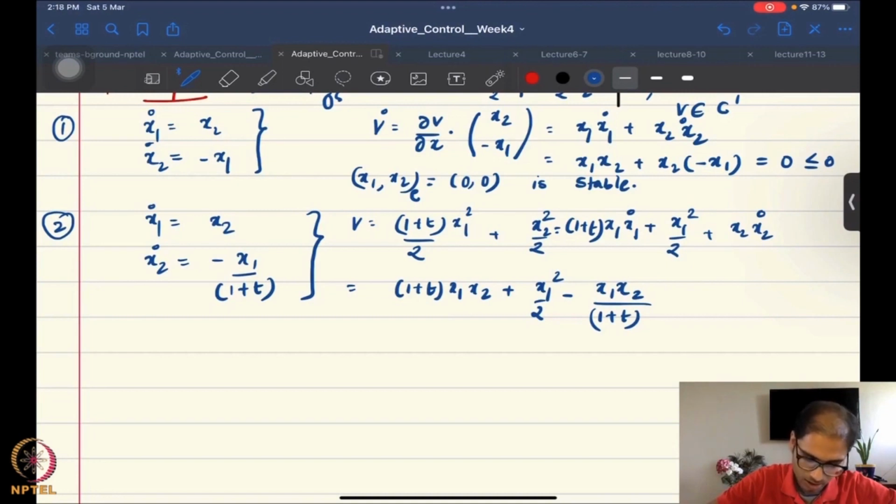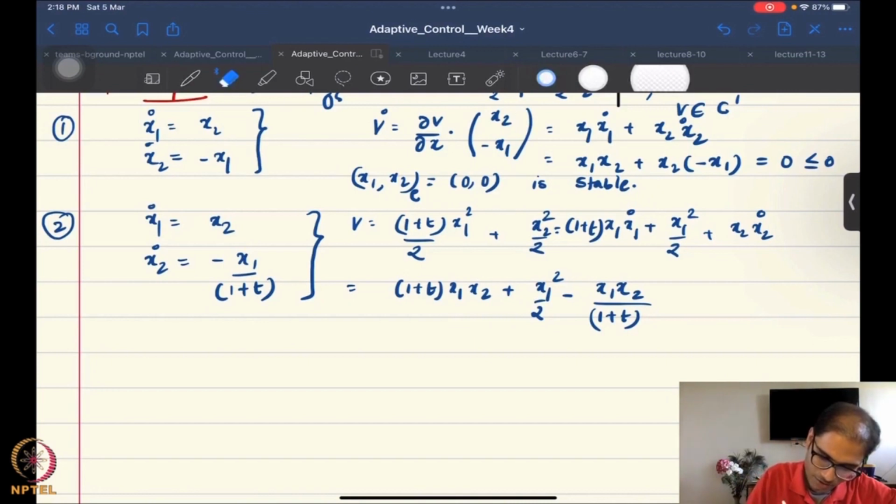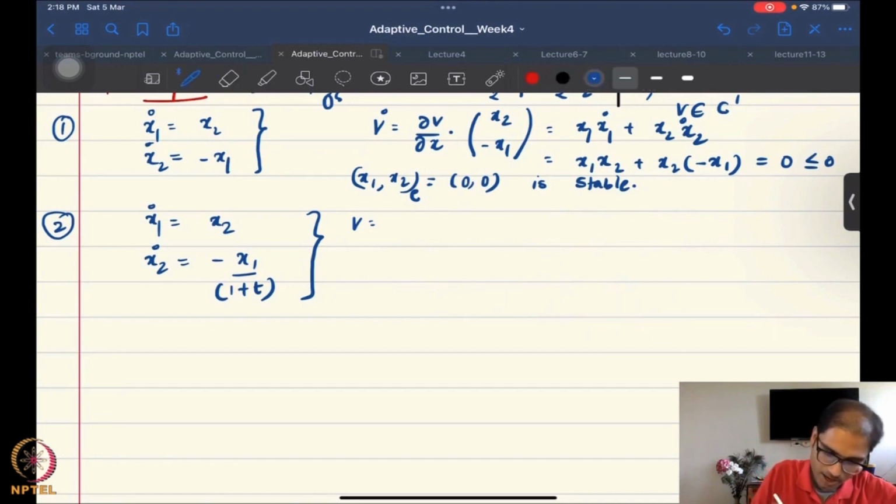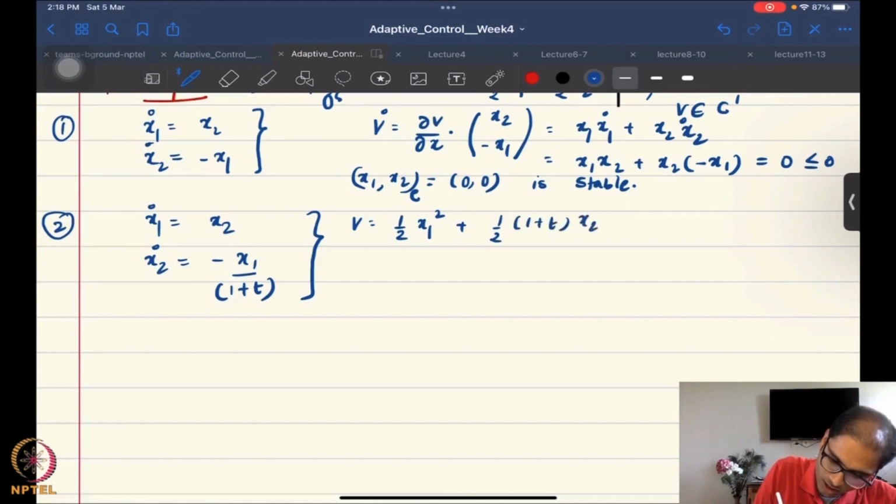I don't think this worked at all. I apologize. This is wrong, and this is not what I wanted. I wanted it to be half x1 squared plus the other way around actually, (1 plus t) x2 squared. I'm sorry, I wrote it the other way around.